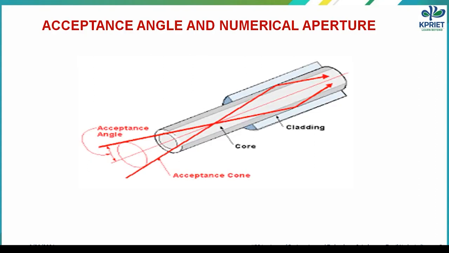So this is about the acceptance angle and numerical aperture. In this figure we can see that the light ray entering inside the core will be reflected back inside the same medium, that is it will undergo total internal reflection. The angle inside this cone is called acceptance angle, and the numerical aperture is the light gathering capacity of the fiber.